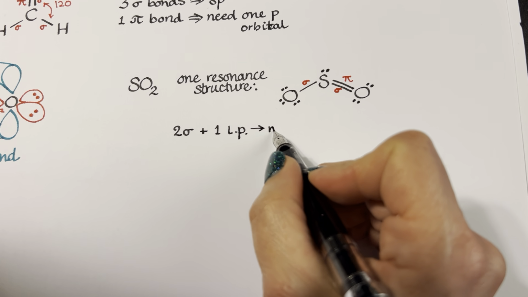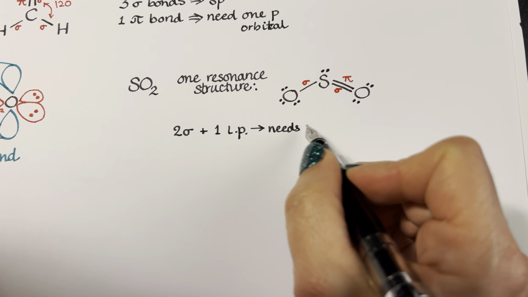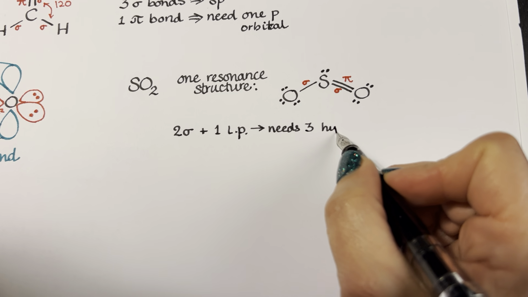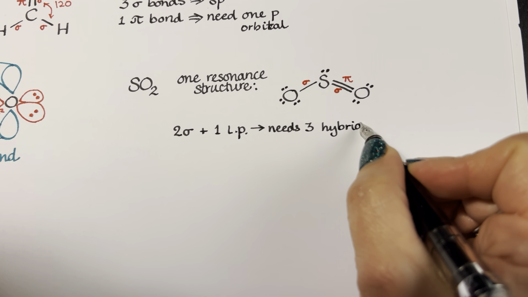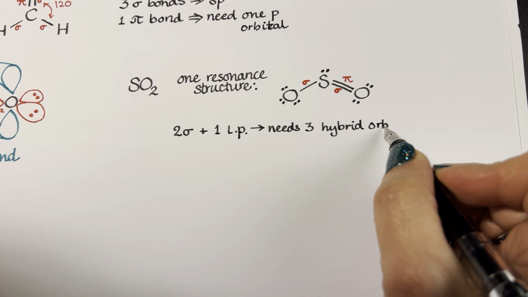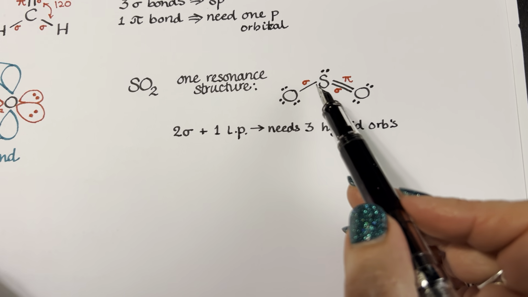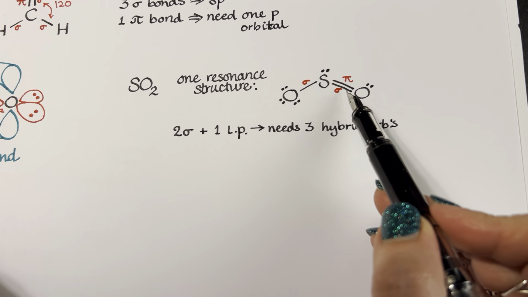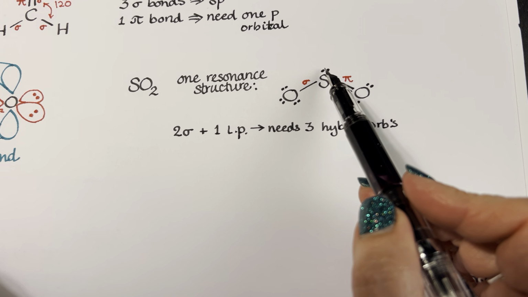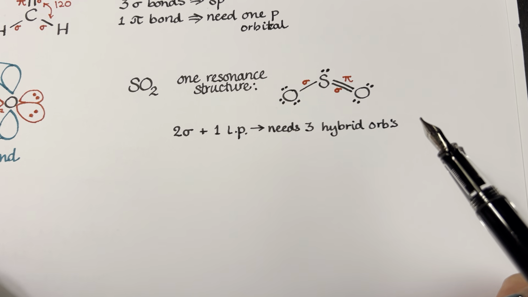So it needs 3 hybrid orbitals, because remember, hybrid orbitals are used for sigma bonding, and they're used for housing lone pairs.